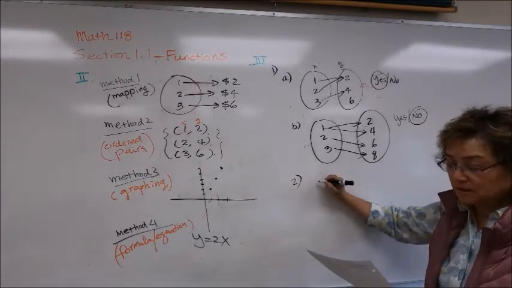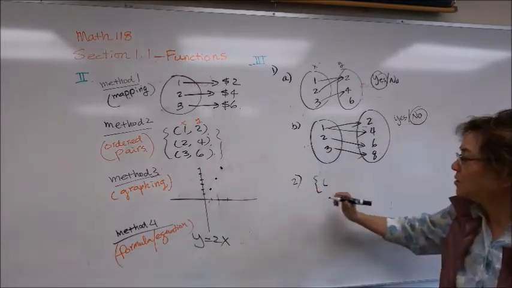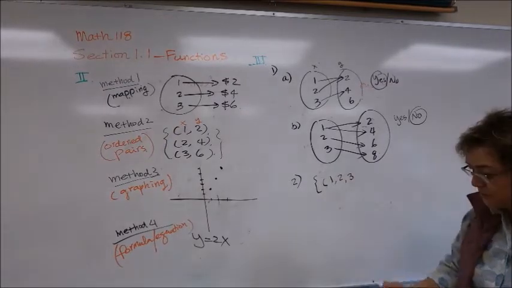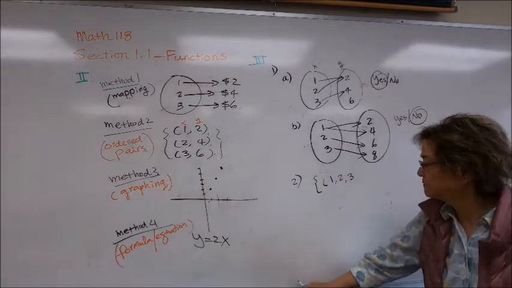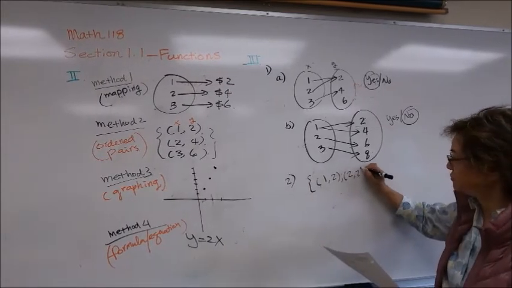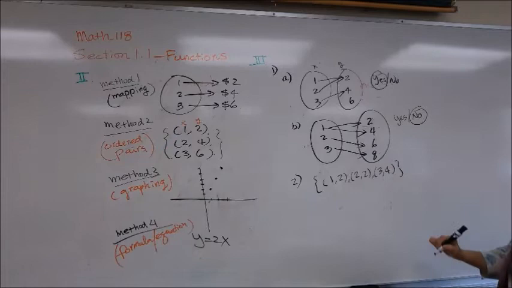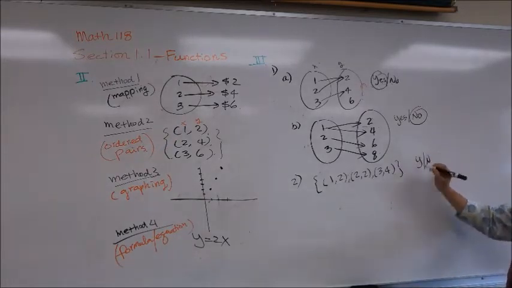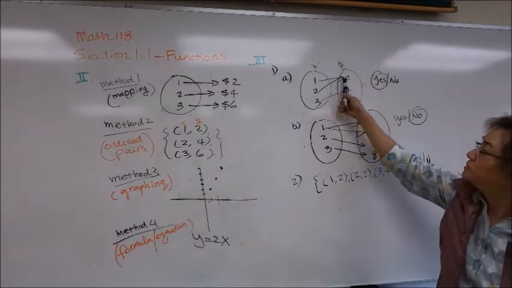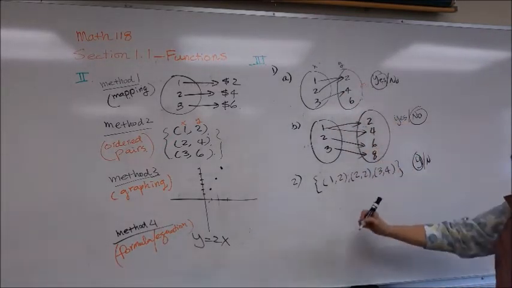For the second one, if I write it the second way, using ordered pairs: (1, 2), (2, 2), and (3, 4). Is this a function or not? 1 to 2, 2 to 2, 3 to 4. Yes, just like the first one.